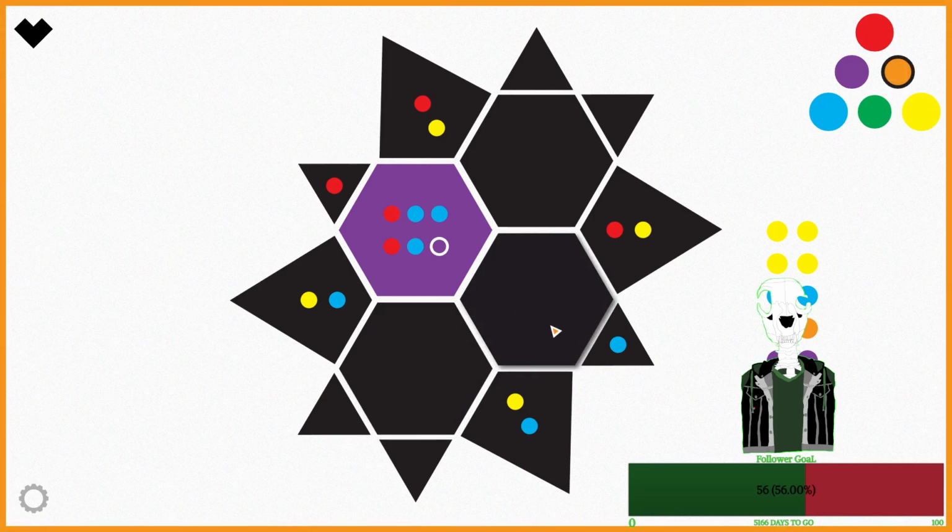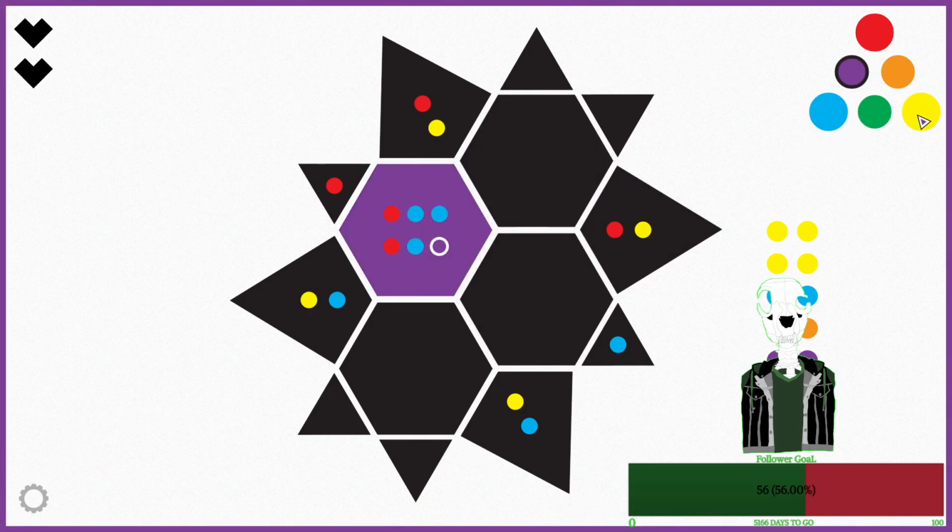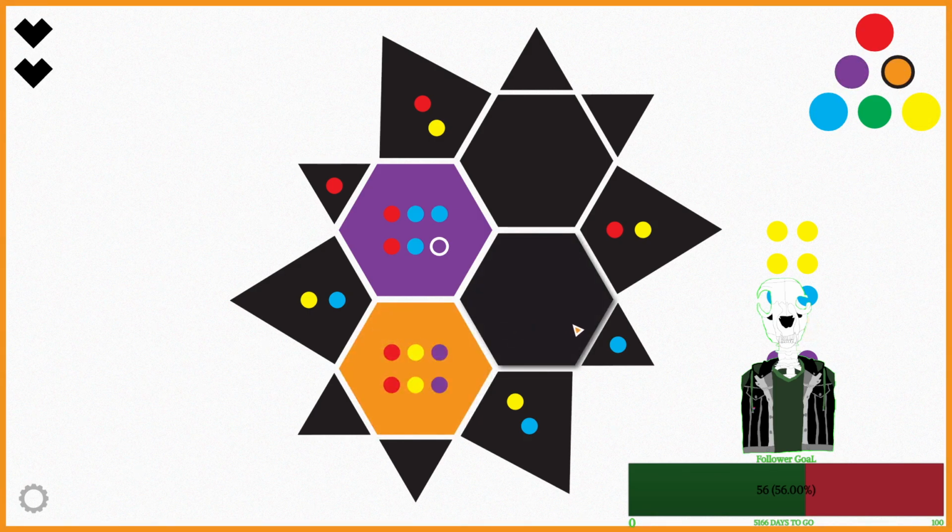Takes the other red from here, the blue from here, the red from here, which means this one's orange. But it can't be orange, so this one's yellow. But that one's not yellow. So I'm missing something there. That one is orange, though. It just gives you new stuff, so it means everything else is a waste.